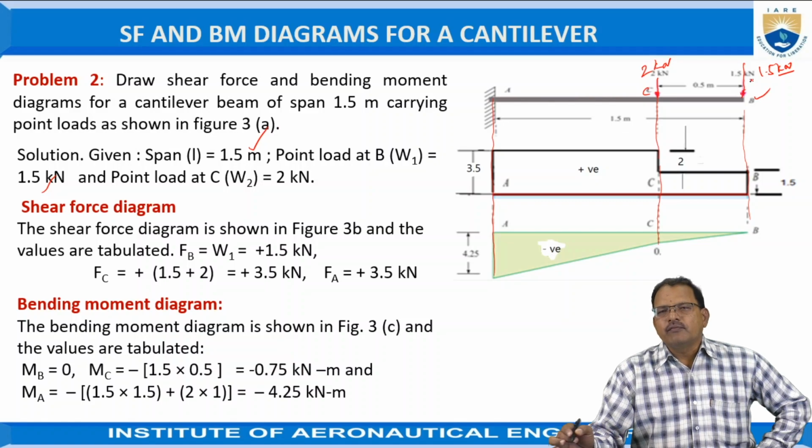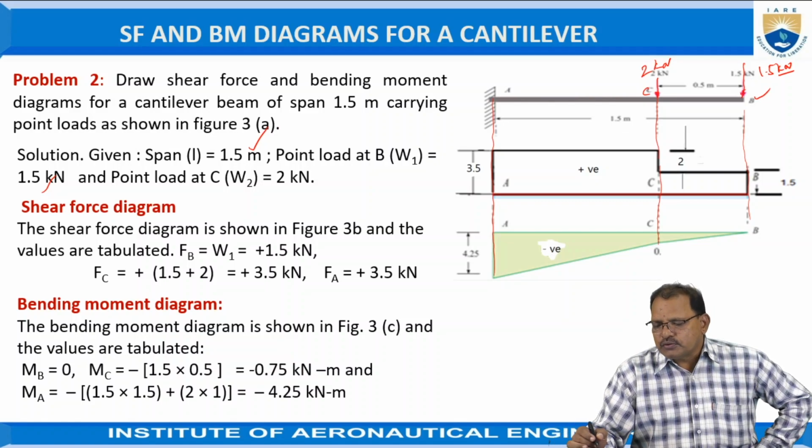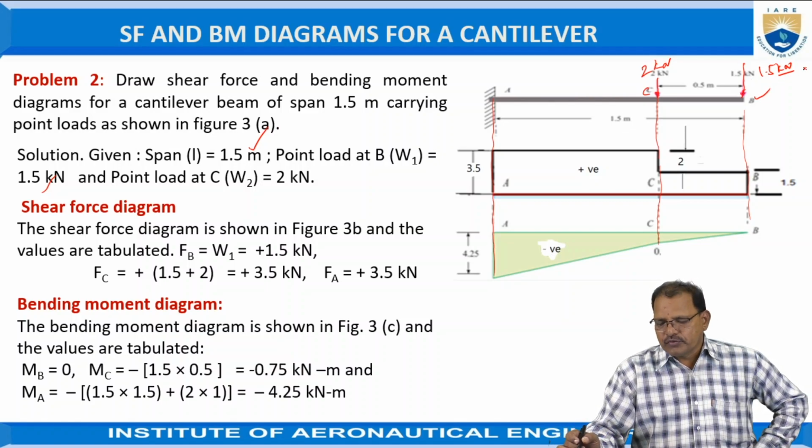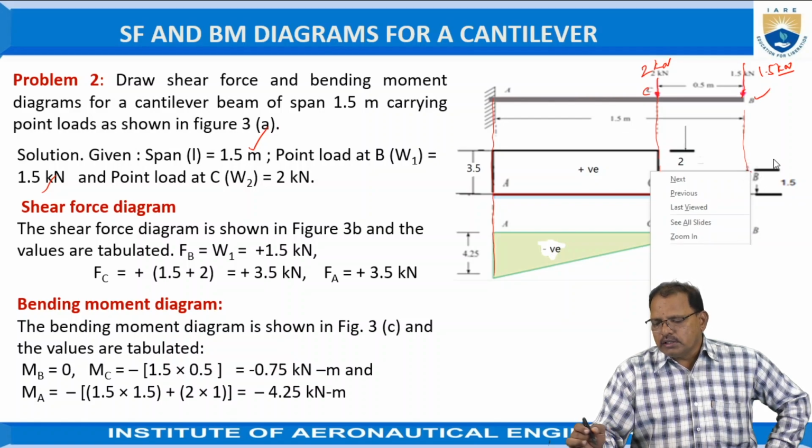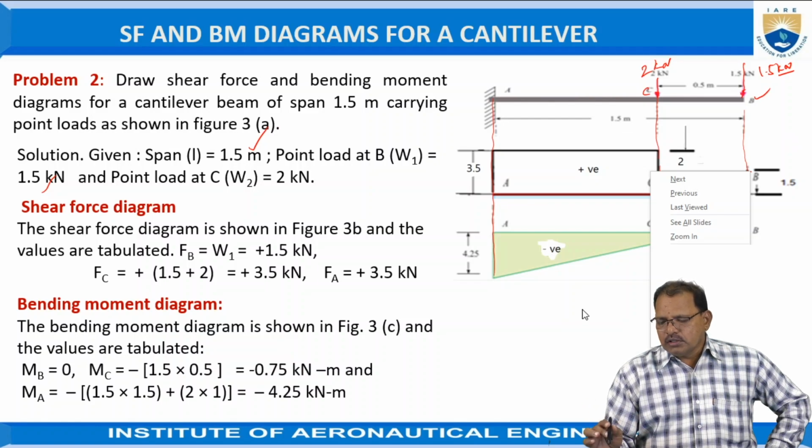At B, the shear force, that is the unbalanced force, is equal to 1.5 kilonewtons. So better to take a scale such that 1.5 kilonewtons is represented by 15 mm length now. That is, take 15 mm in the upward direction to represent the shear force diagram at B position now.